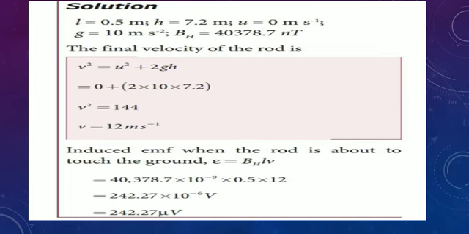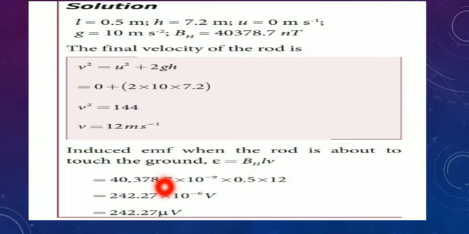Now come to the induced EMF when the rod is about to touch the ground. What is the induced EMF? Please remember the formula, E is equal to BLV. Yes, the same one. Instead of B, here it is BH. What is the BH value?